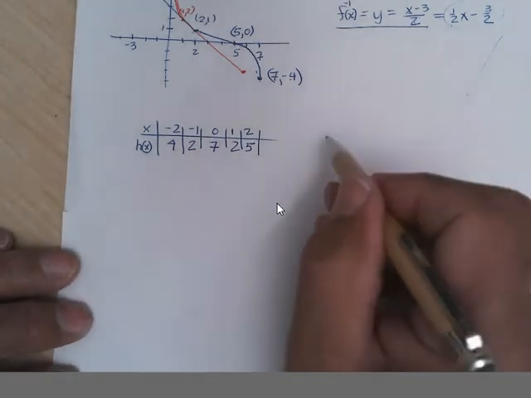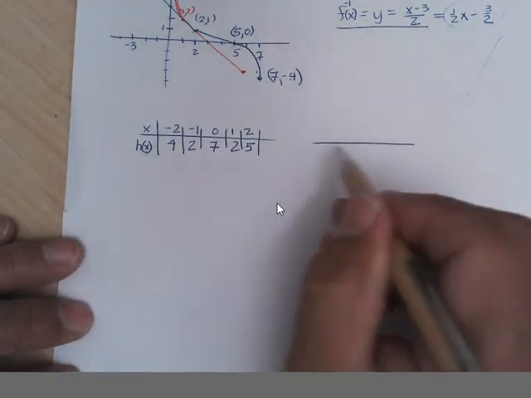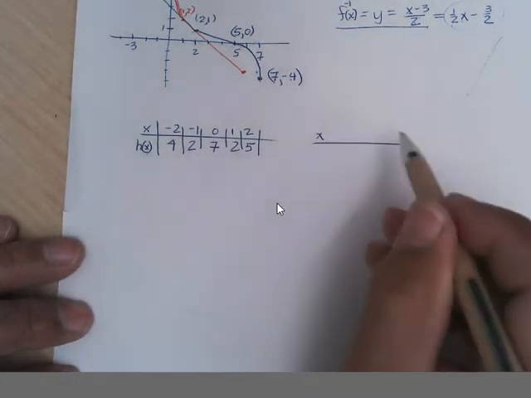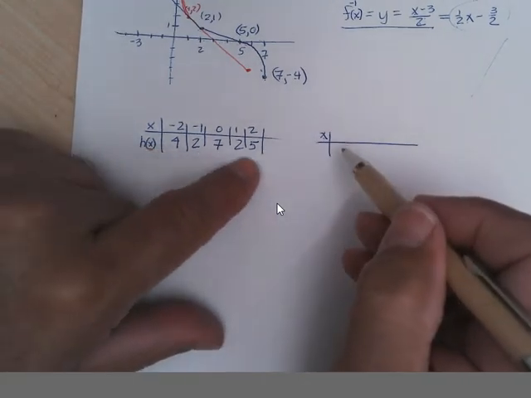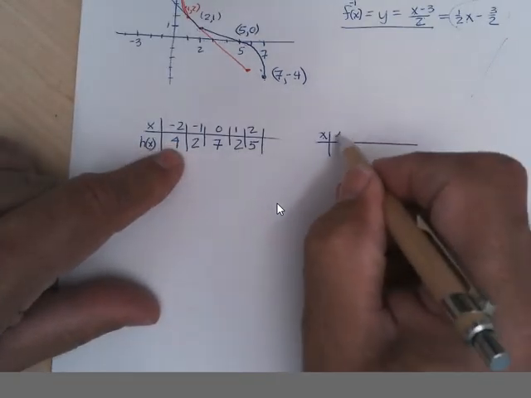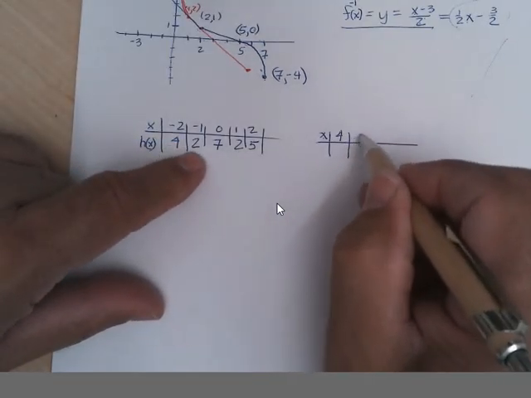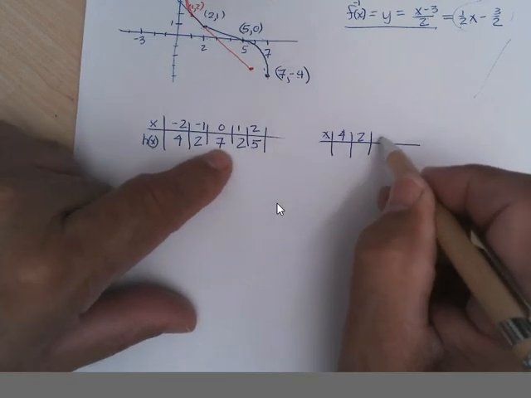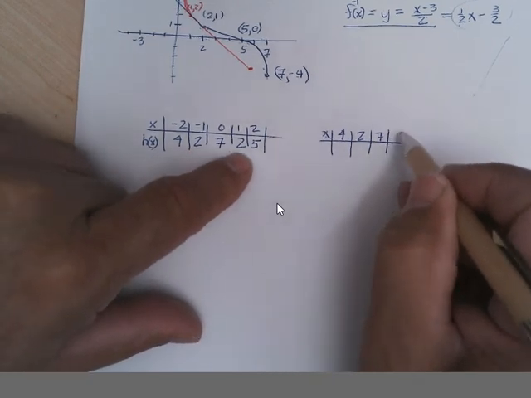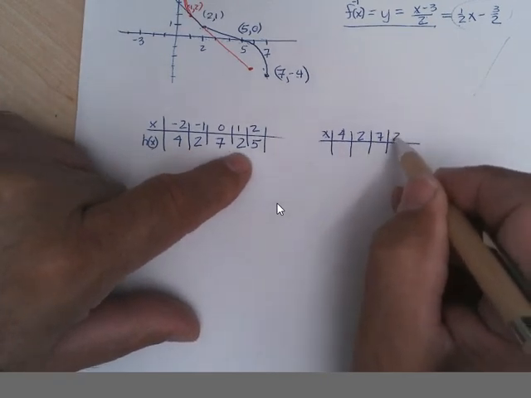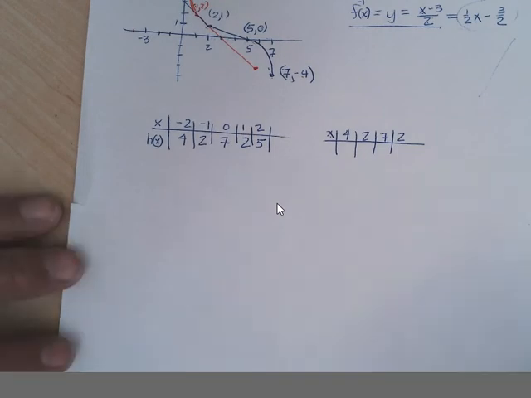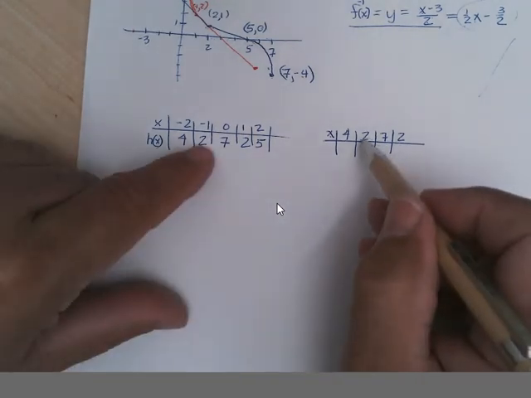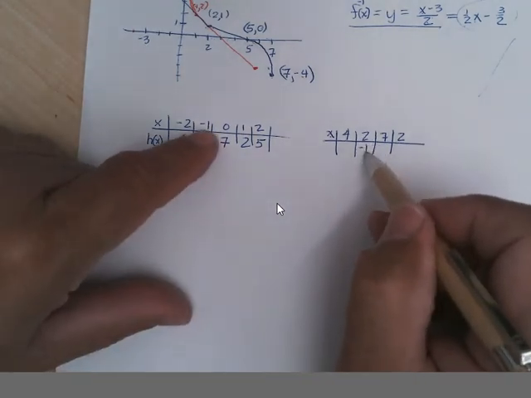So if I try to do the inverse, just in a table form, the inputs for the inverse are the outputs. So that would be 4, 2, 7, 2, oh, a duplicate. That means I'm putting in 2 and out would come a negative 1.